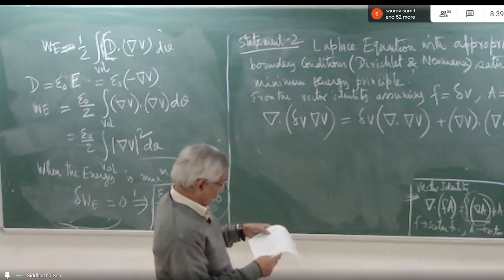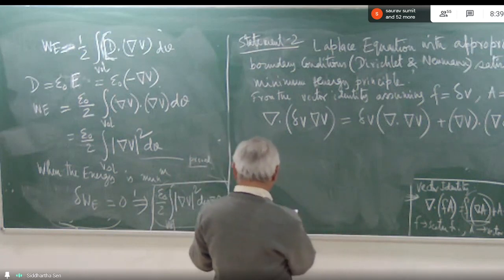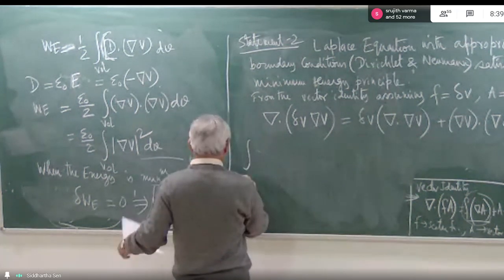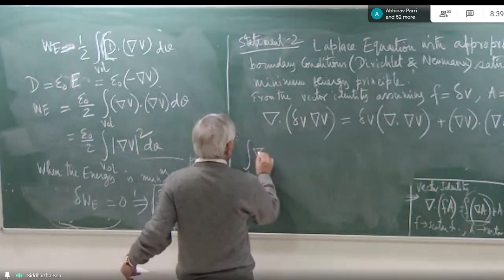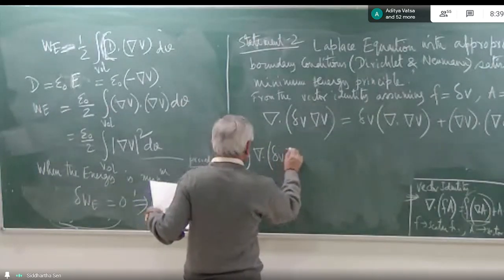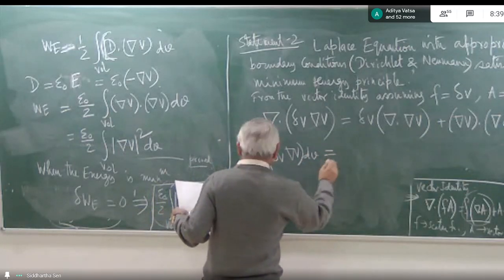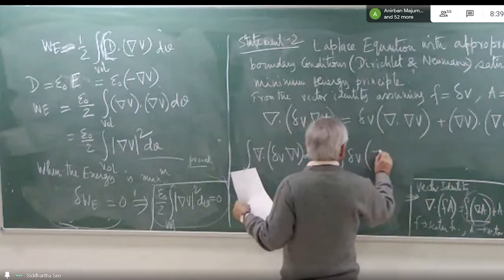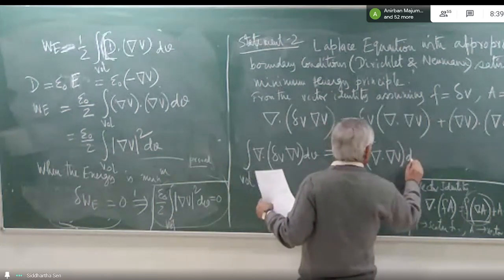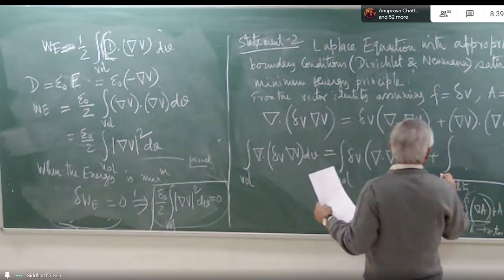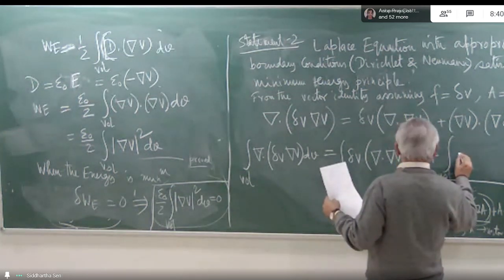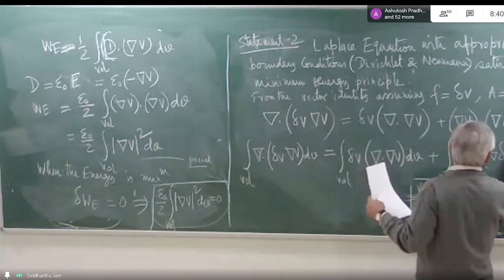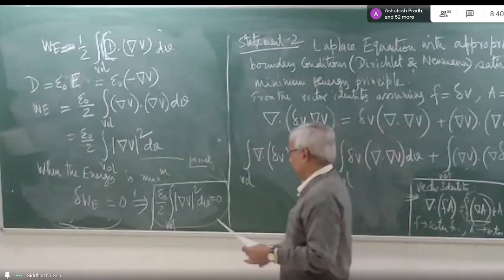So I can put all of them in volume integral: the volume integral of nabla dot (delta v nabla v) dv is equal to the volume integral of delta v into nabla dot nabla v dv, plus the volume integral of nabla v dot nabla delta v dv.